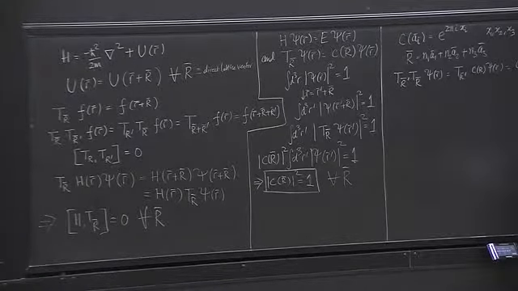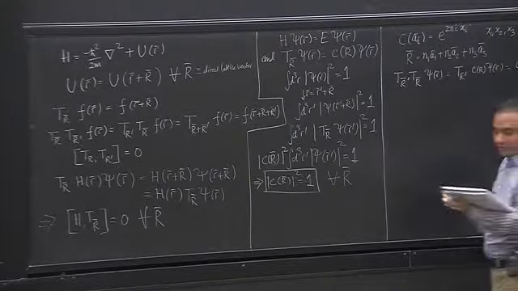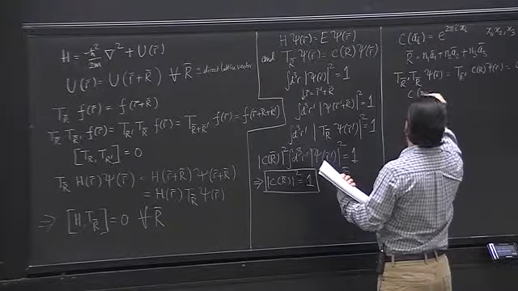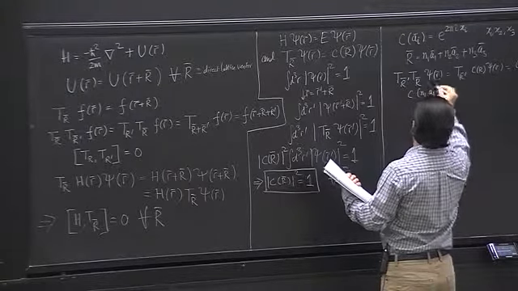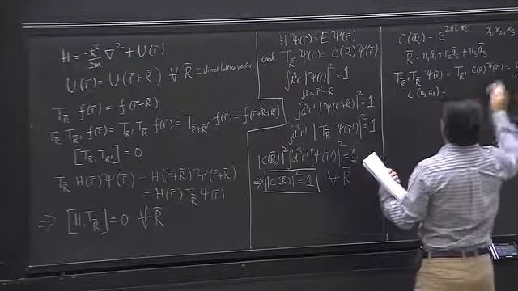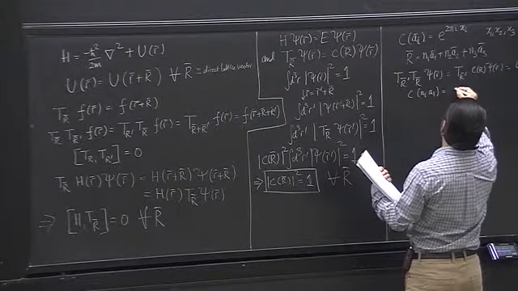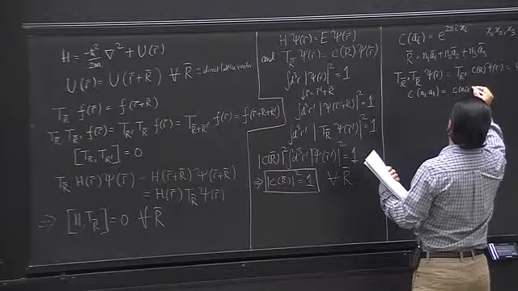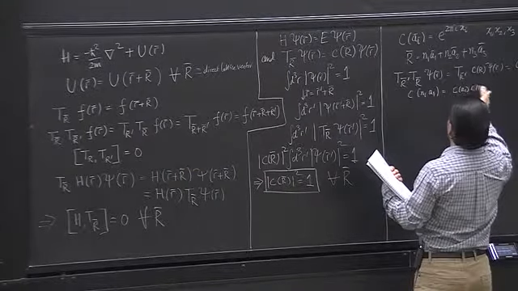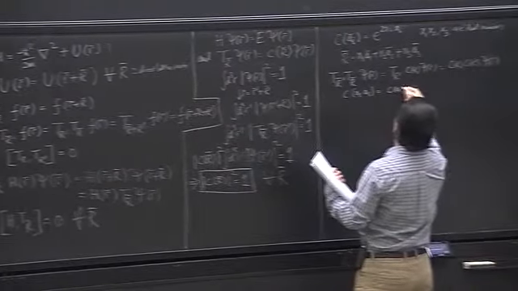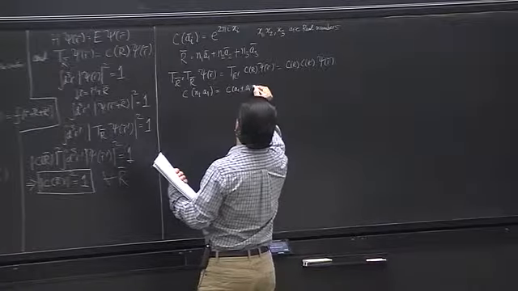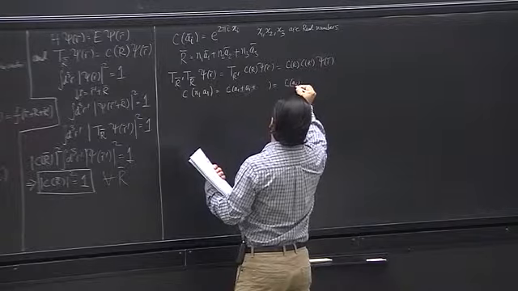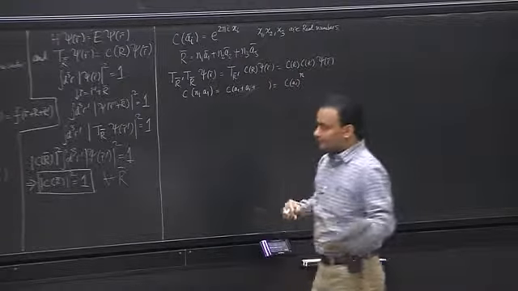Also, if you have C of n1 times a1, using this you can show that this is the same as multiplying C of a1 with C of a1, so C of a1 to the power n1.